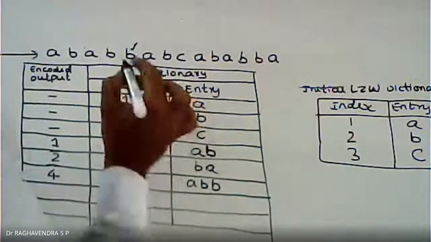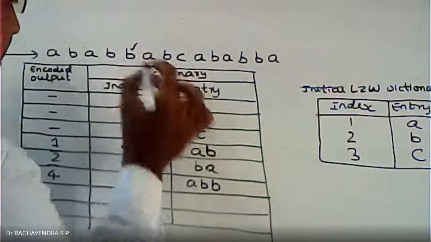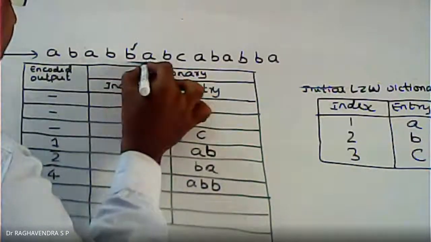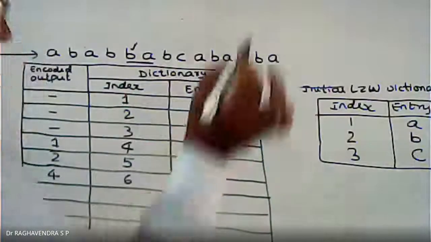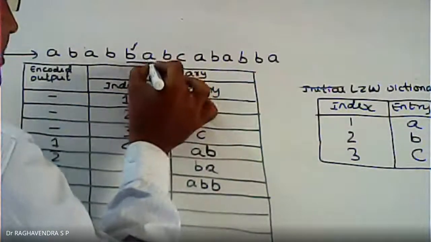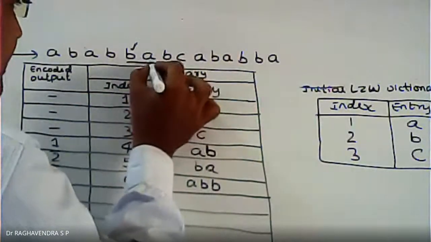Okay, now you start from here. B is already there. Now what about BA? Whether BA is already existing? Yes, sir. So we have to continue the combination. Now you will reach BAB.